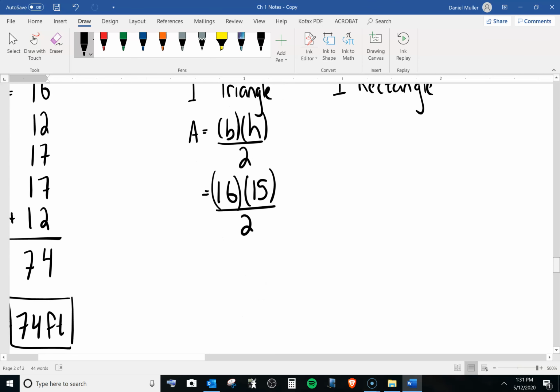And I do not know what 16 times 15 is. I am going to do a little bit of a trick though. 16 cut in half, I can do that part first if I want. There's no reason why I have to multiply first and then cut in half. I actually can go 16 divided by 2, so I'm going to make that an 8. Times that by the 15.